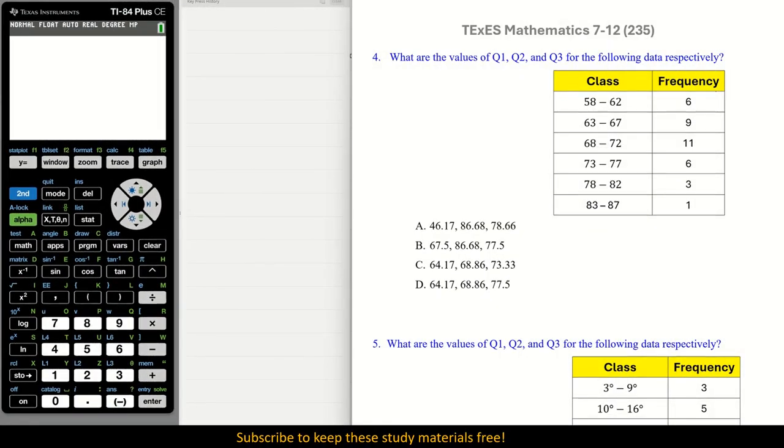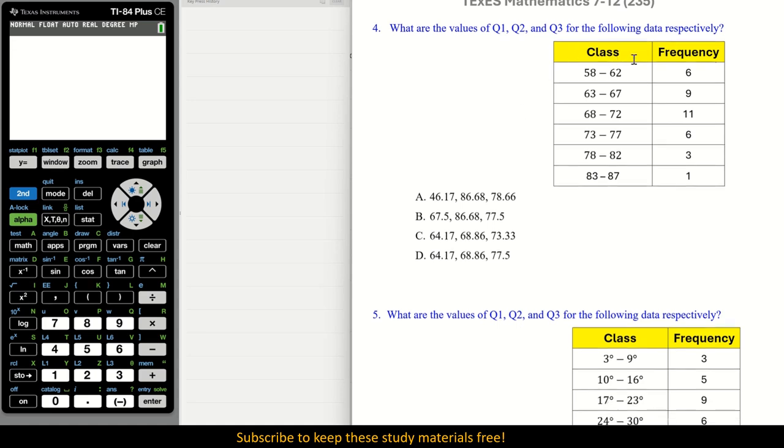Okay. Number 4. What are the values of Q1, Q2, and Q3 for the following data respectively? This is different because we have a frequency table and classes. The first thing that we need to realize is that our class width is going to equal 7.